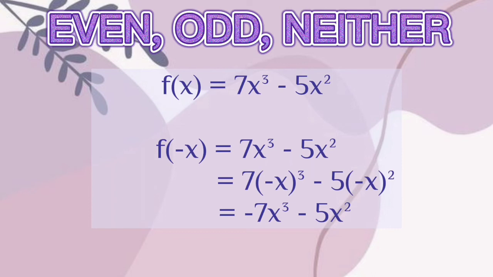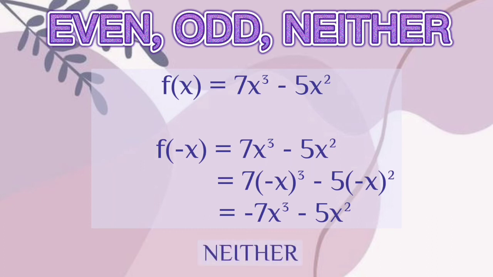Negative x raised to 3 is equal to negative x cubed, so for the first term we will have negative 7x cubed. In the second term, the square of negative x is positive x squared, so we will have negative 5 times positive x squared, which is equal to negative 5x squared. And then we have a final answer of negative 7x cubed minus 5x squared.